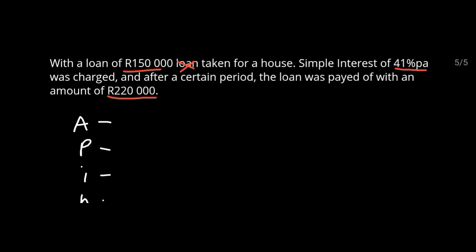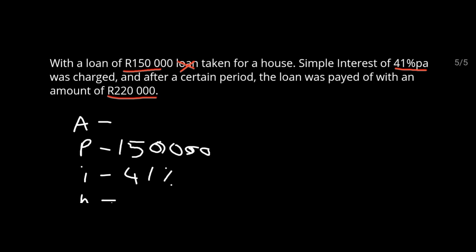You see, with a loan of 150,000 taken for the house, you already see that this is the P, because it is the first amount. The person started at the bank asking for a loan of 150,000. That's the first amount, the principal amount. Then the simple interest is 41% per annum. Then the number of years is in the statement.